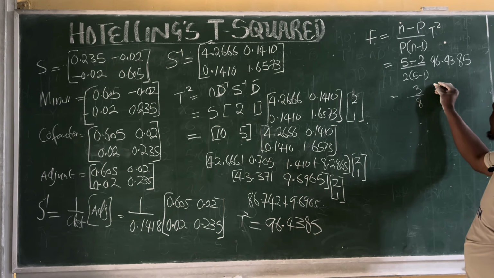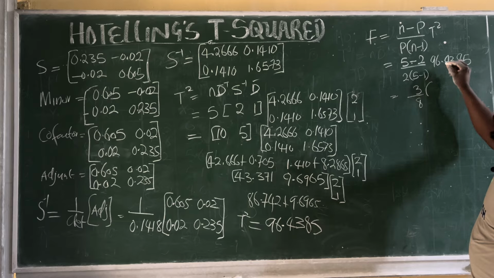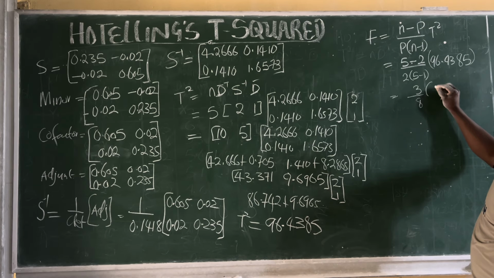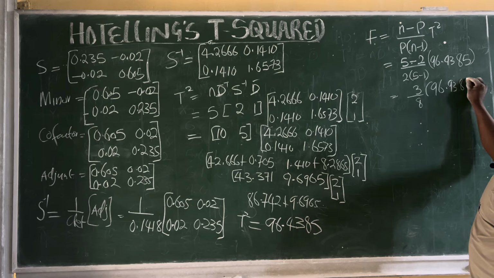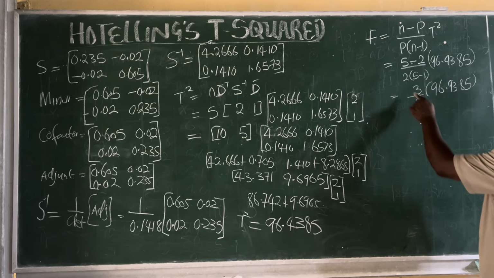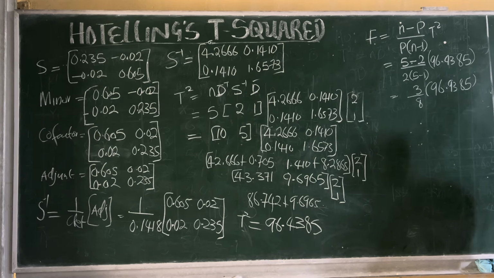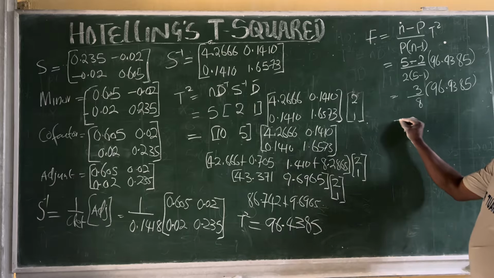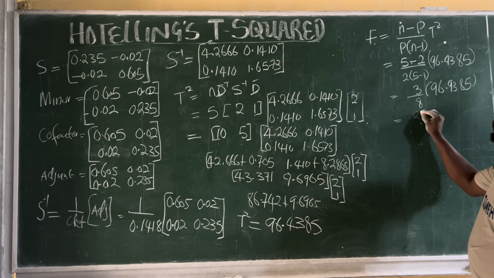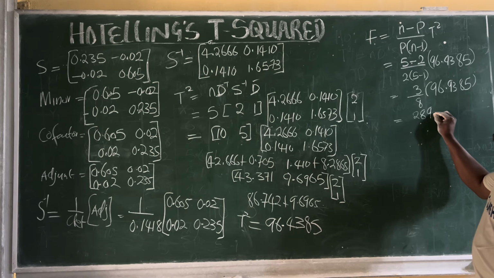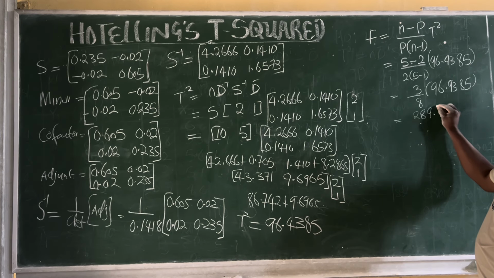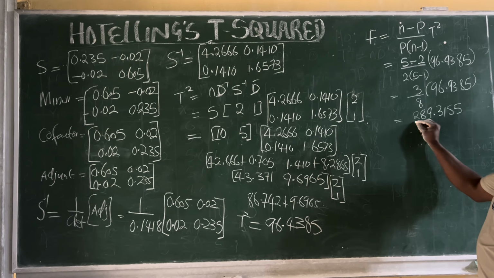So 3 times this value is 289.3155, all of that over 8.